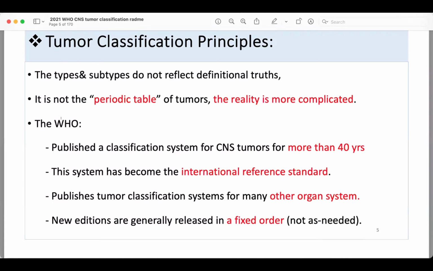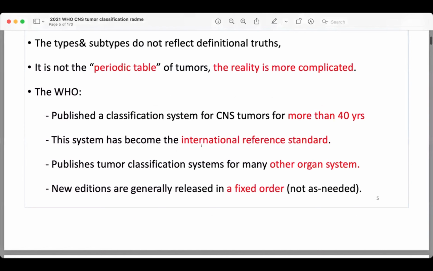There is an organization, the WHO. This organization gives the classification for all the body systems, not only the CNS. And this organization is the international reference standard now. It gives the editions in a fixed order.